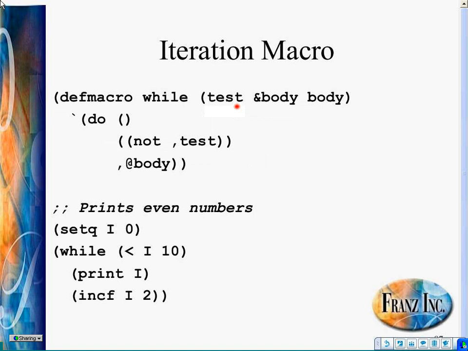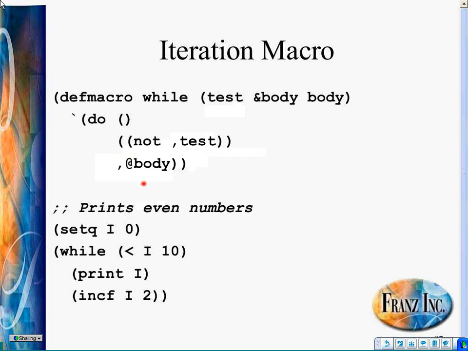Well, while means while the test form is true, we keep going. So we want to stop when the test form is false, and that's what not applied to a form does. If the form is nil, not of the form becomes true. If the form is anything that's not nil, not of the form becomes nil. So this will be true when the test form returns nil.